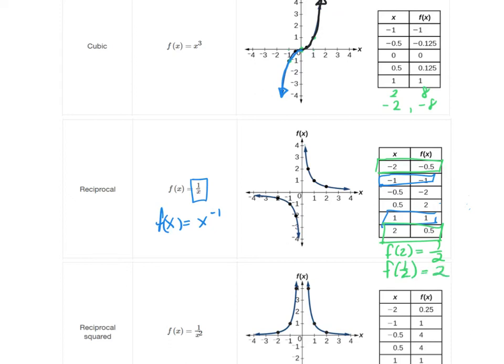So on the right-hand side of the graph, these are all positive. As I get closer to 0, my numbers become larger. As I get further away from 0, my outputs become smaller. As I look on the other side of the 0, as x gets closer to 0, my numbers get smaller.